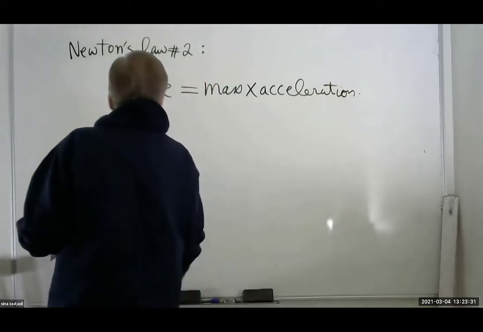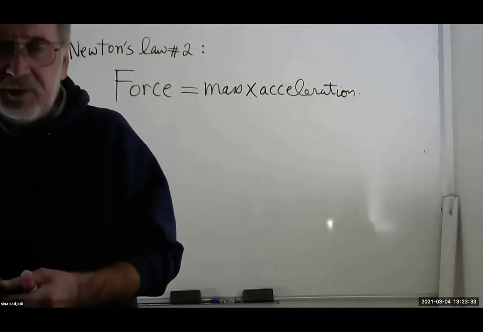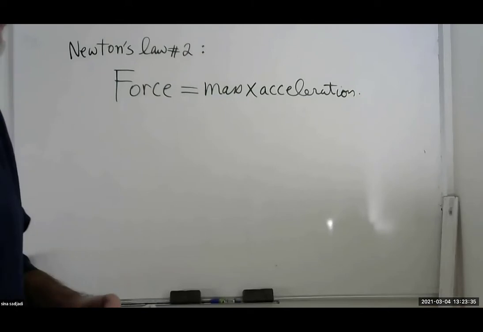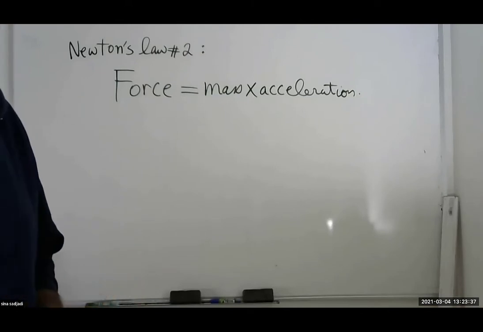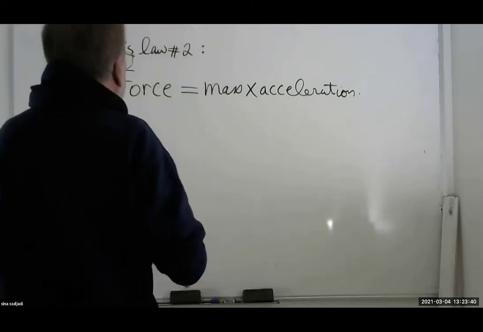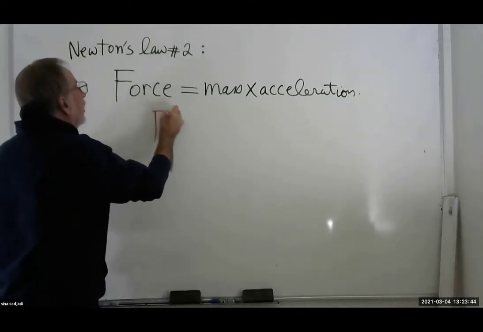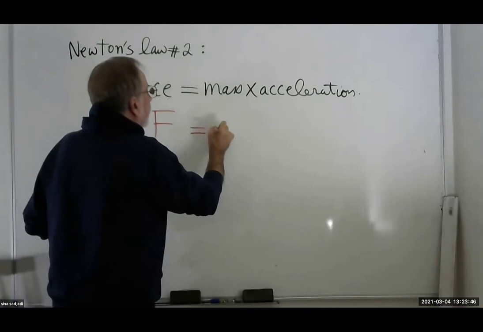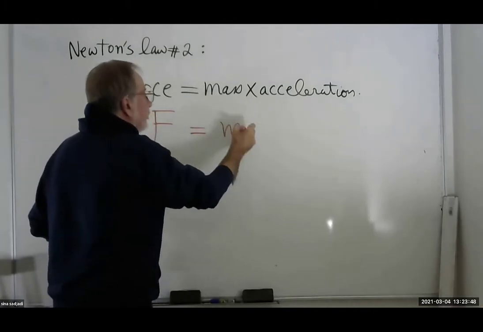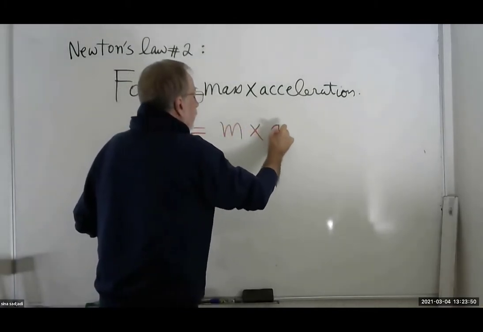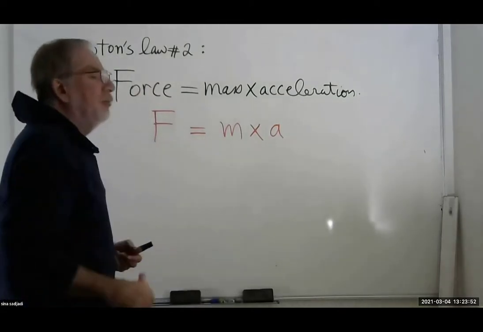Mass times acceleration. Now you've seen this many times probably, but I don't want to assume that you even went to school. Maybe you were homeschooled. Who knows, right? It says F is equal to m, mass, times a, acceleration. F is equal to ma.